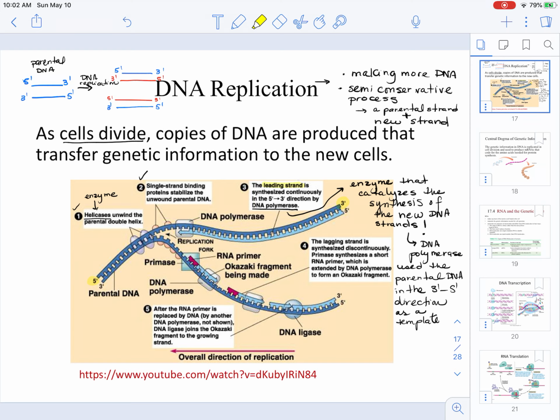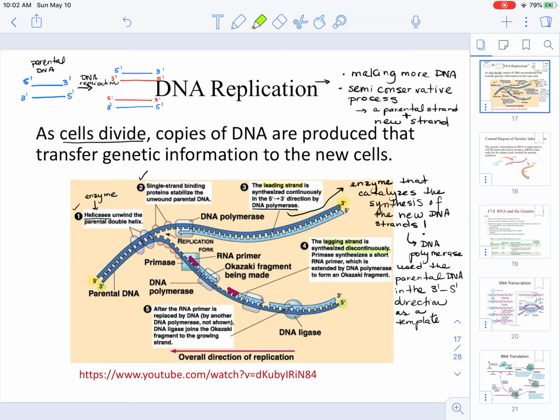But when it comes to the other strand that needs to be made, even though it's being read in the 3' to 5' direction, because that is going away from the unzipping, it has to be made in little pieces. So the lagging strand, which is the one that is made discontinuously, is made in small pieces.